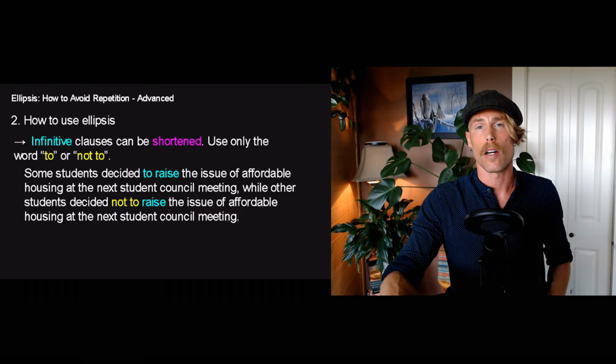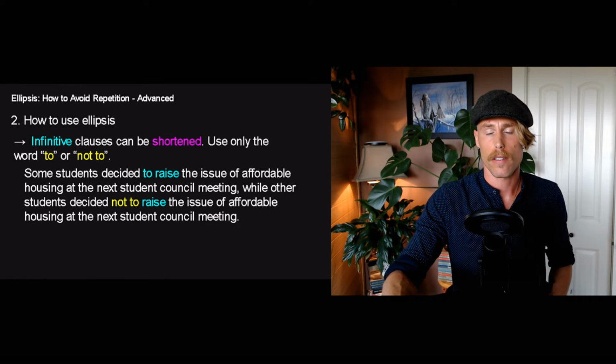A little bit longer, a little bit more difficult on this one. Some students decided to raise the issue of affordable housing at the next student council meeting, while other students decided not to raise the issue of affordable housing at the next student council meeting.